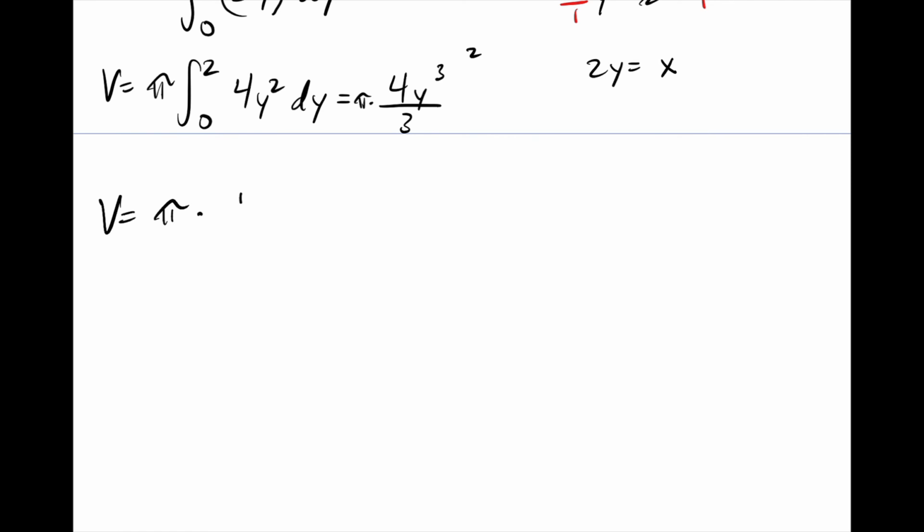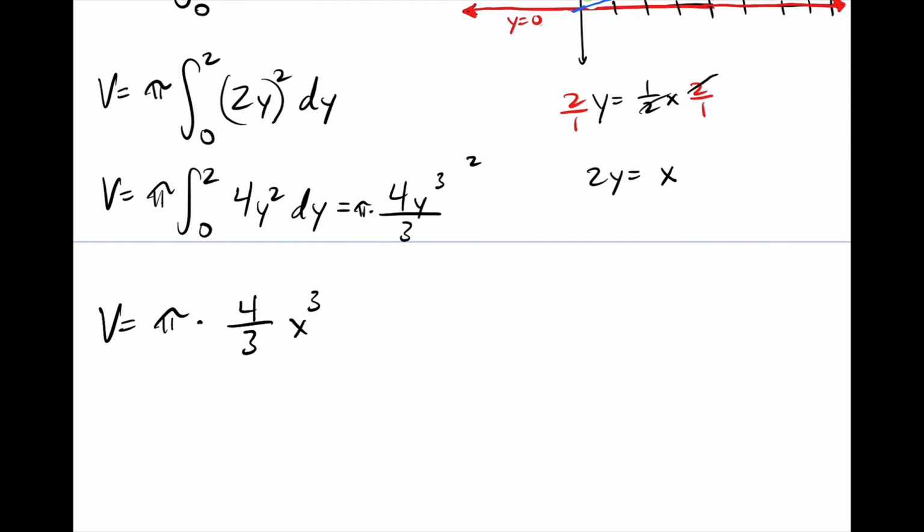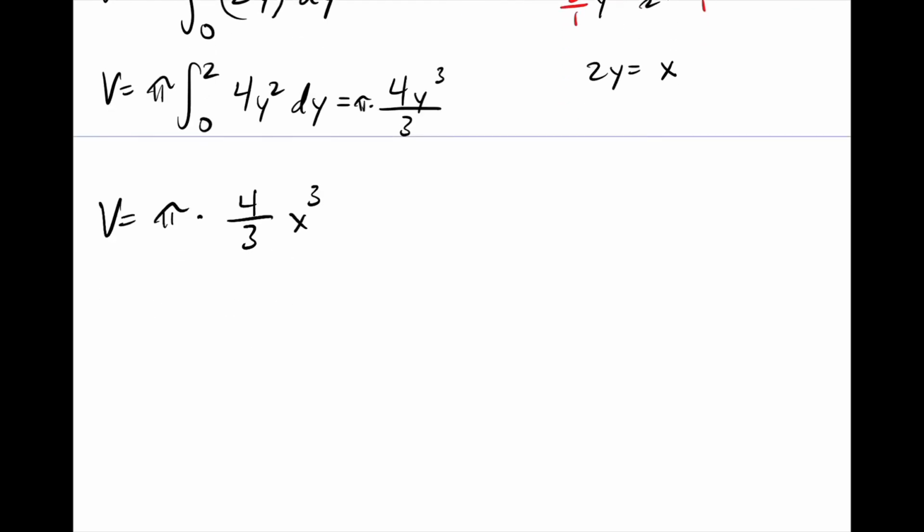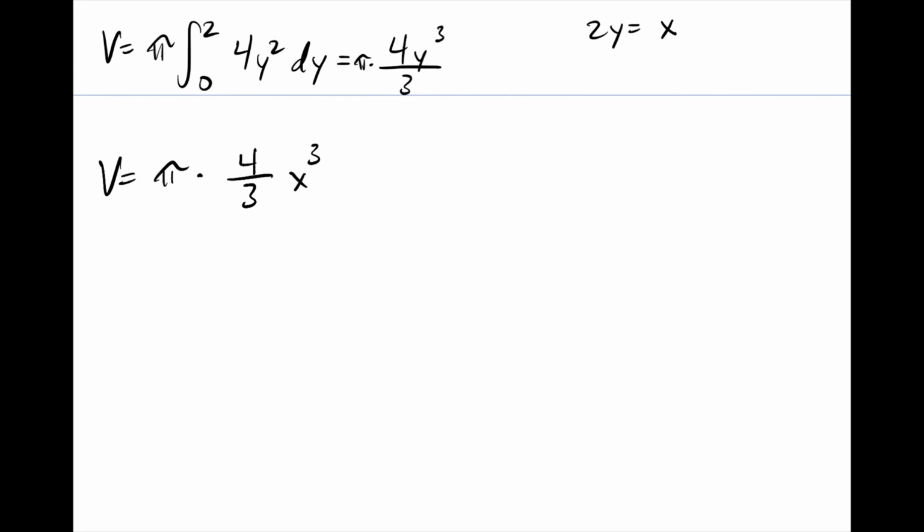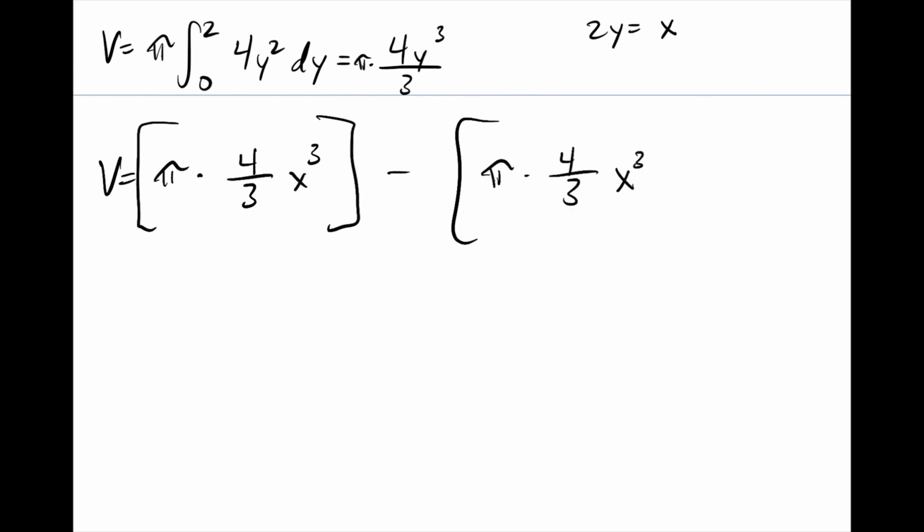Pi times 4/3 y cubed minus pi times 4/3 y cubed. So for one of them, I'm going to put in a 2.